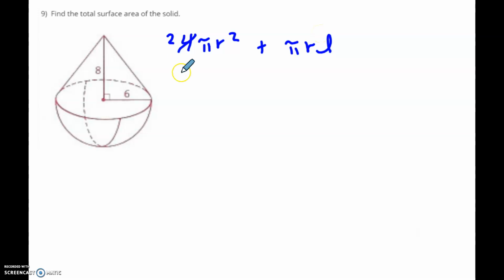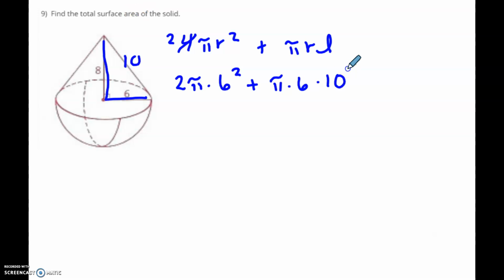So let's fill in what we know. I have 2 pi, my radius is 6, so 6 squared plus pi times 6 times my slant height. My slant height wasn't given, but again, we have 6 and 8. We know that hypotenuse is 10, so my slant height is 10.